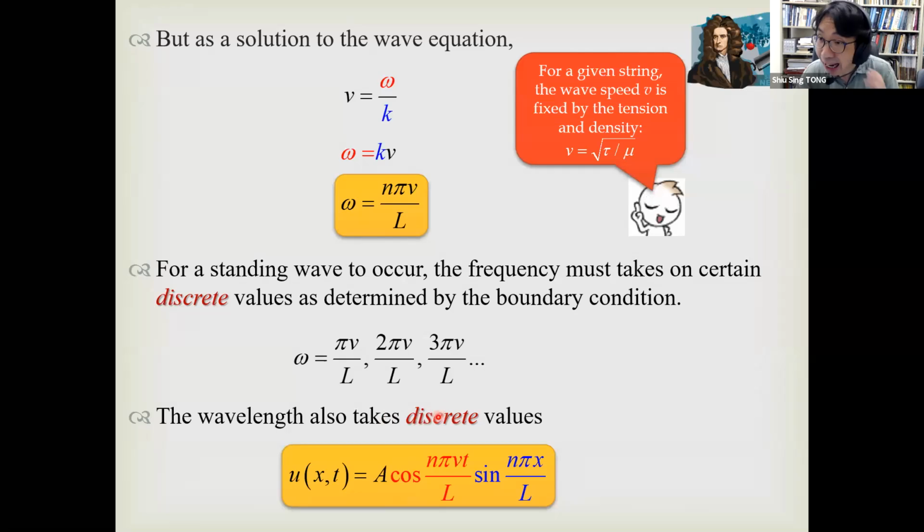We can write down the standing wave solution for a string fixed at both ends in terms of the integer n. We know that omega is n pi v over L, so we replace omega with n pi v over L. We know that k is n pi over L, so we replace k with n pi over L. So this becomes the solution, the standing wave solution for a string fixed at both ends.